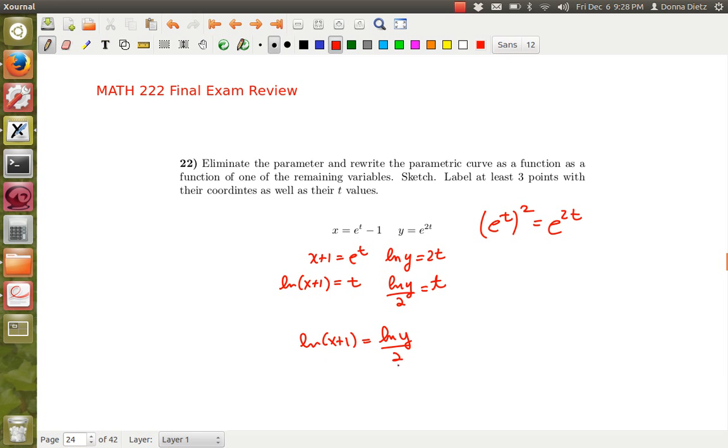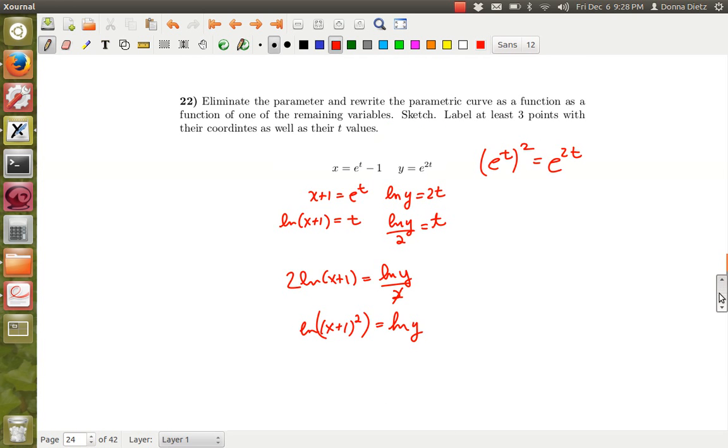Maybe put the 2 on the other side, and then actually it would be a lot more convenient if we just brought the 2 inside like so, and then we'd say, aha, well now we can drop the natural log on both sides, and then we would say, wow, this was just a parabola all along. But we didn't have to do that.